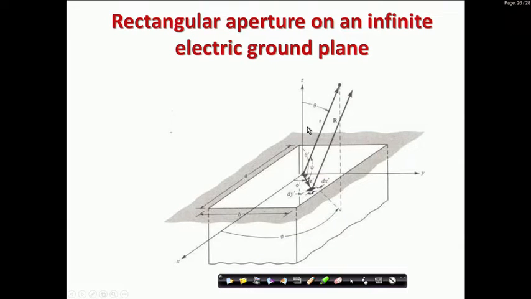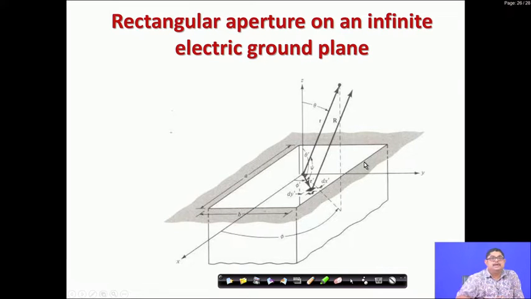There is an infinite conductor, though here it is shown as finite, but assume it is infinite. For infinite, generally we say that on each side the conductor should be at least 5 lambda long.